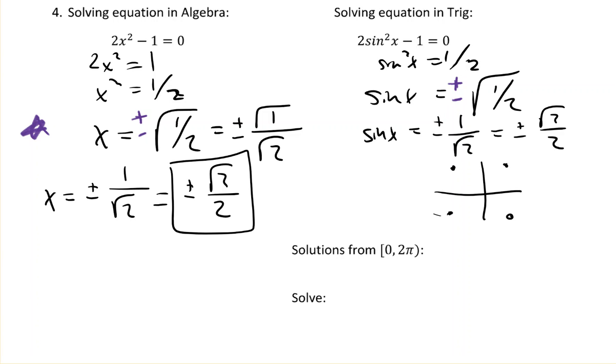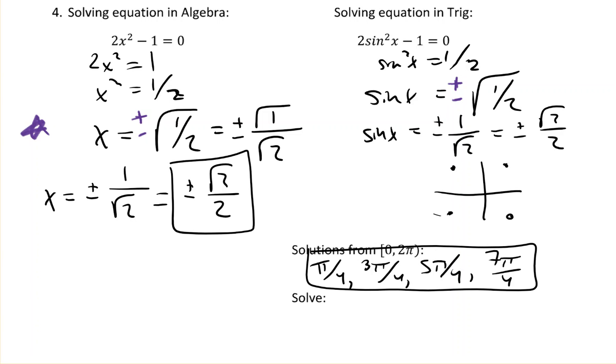Okay, and if you know your unit circle well, you ready for this answer? Looks like pi over 4, 3 pi over 4, 5 pi over 4, and 7 pi over 4. Those are the 4 places between 0 and 2 pi that would make that equation work.